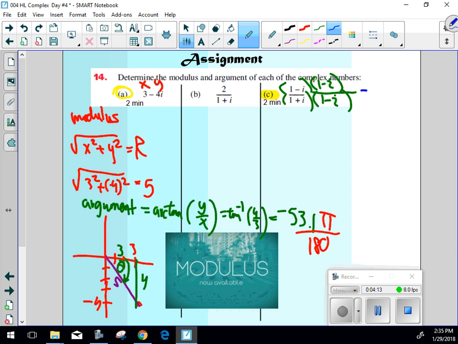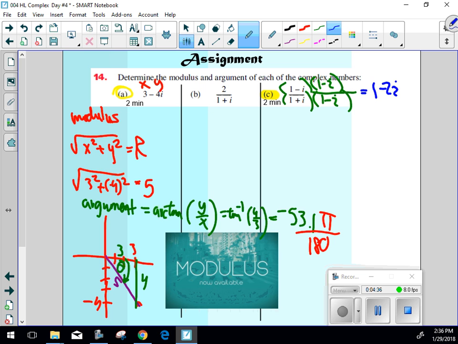So this is going to be 1 times 1 is 1. Negative I plus I is 0. Plus I squared. Whoops. Is that right? Oh, no, it's minus 2I.